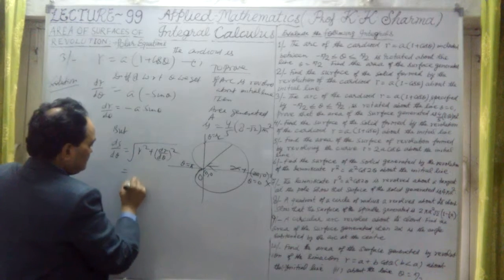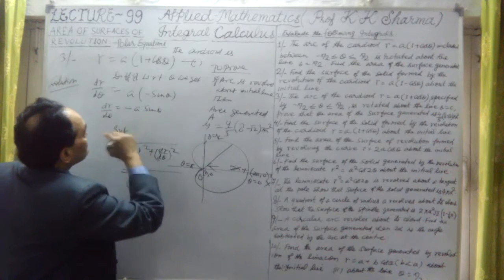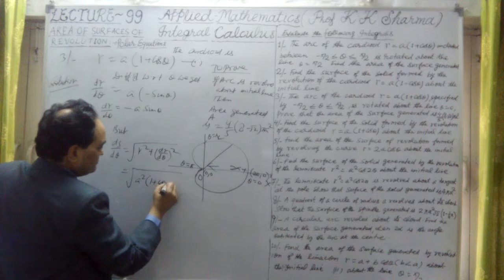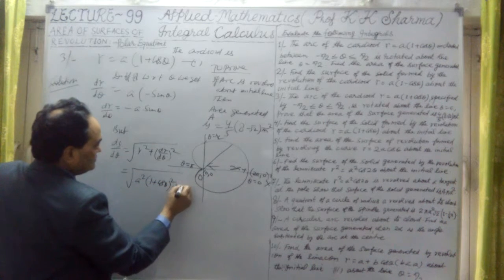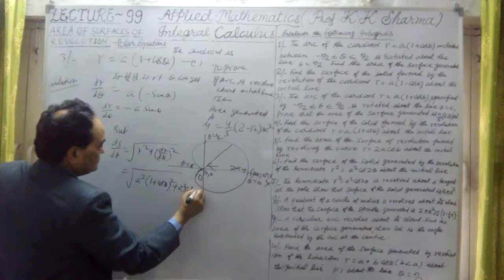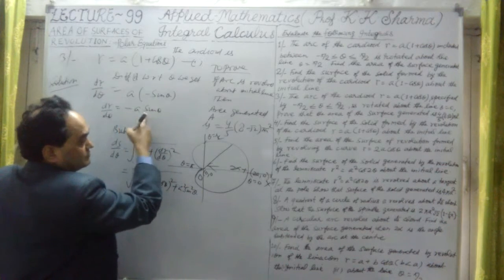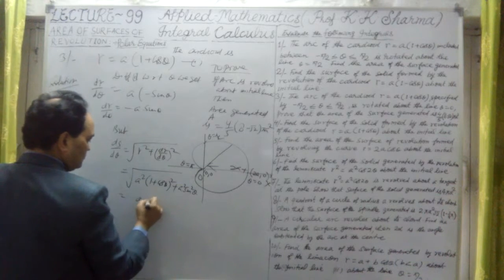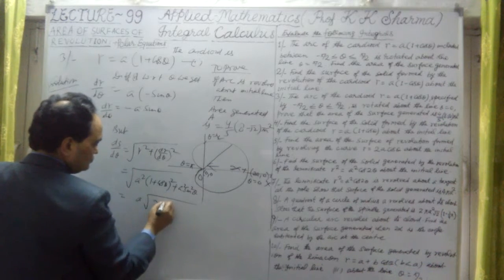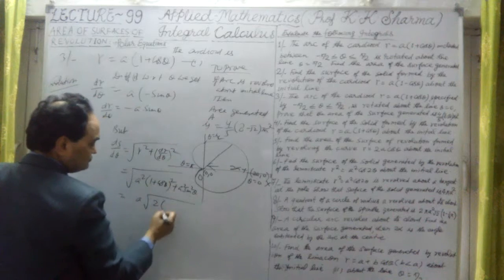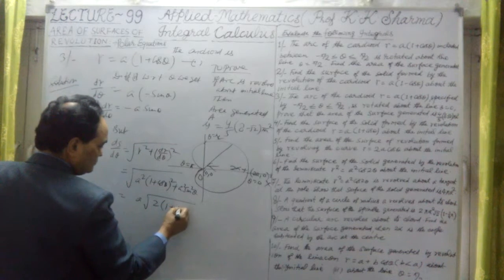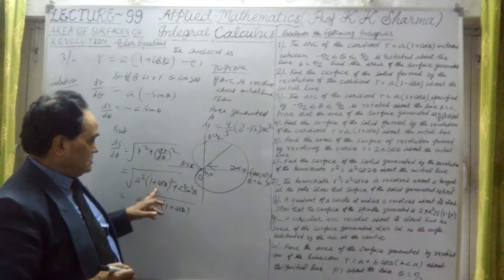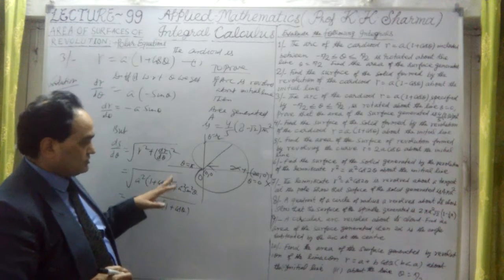So r square is that value, a square into 1 plus cos theta whole square, plus a square sin square theta, because the square of this will be positive. Again we can take a common. Inside it will be 1 plus 2 cos theta plus cos square theta.